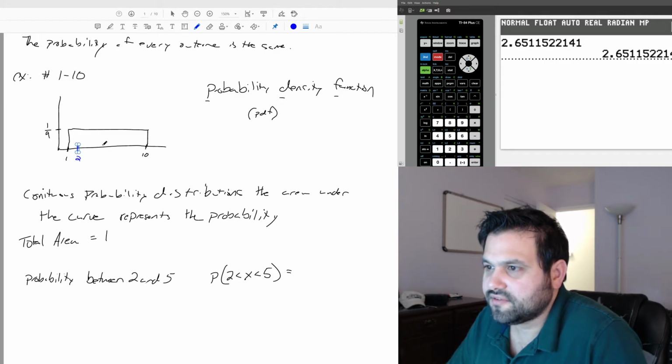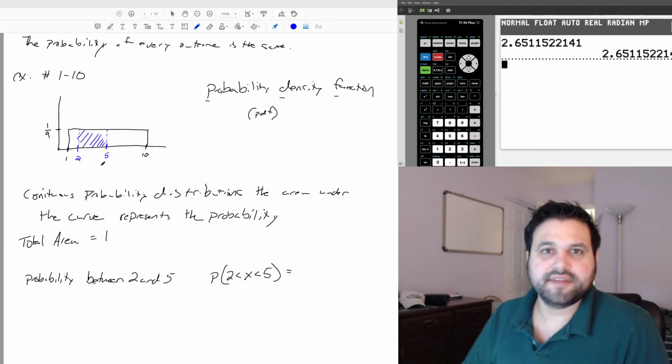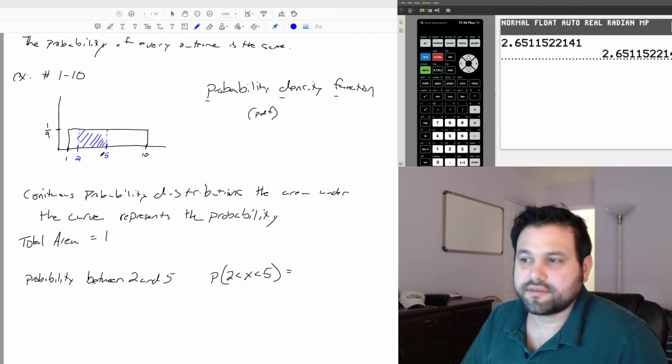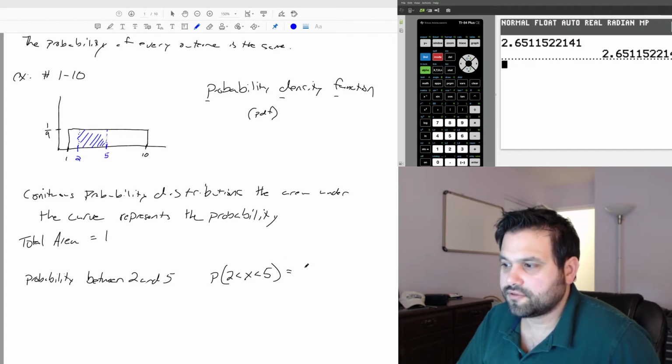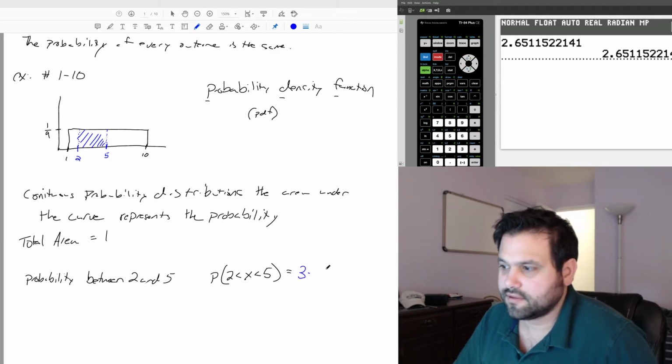Here's 5. And so what we're doing is we're essentially finding this area. How do we find that area? Well, what's the length? The length would be 3 times, what's the width? 1/9.